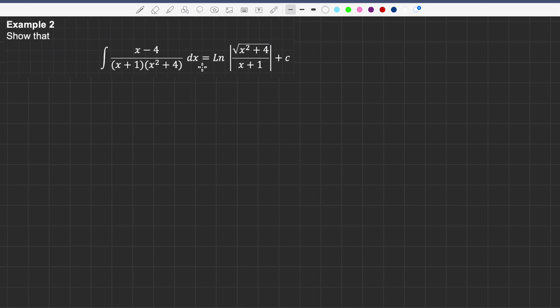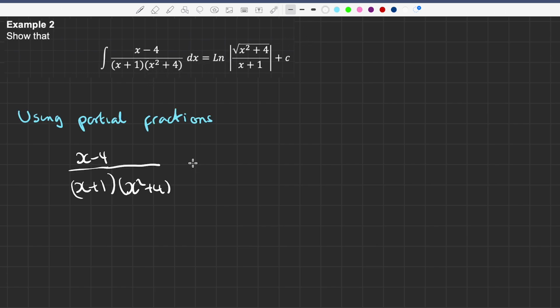Okay, so welcome back if you had a go. So the first thing we need to do is use partial fractions, writing this as being identical to a over x plus 1 plus, and because we have a quadratic factor which cannot be factorized, bx plus c over x squared plus 4.